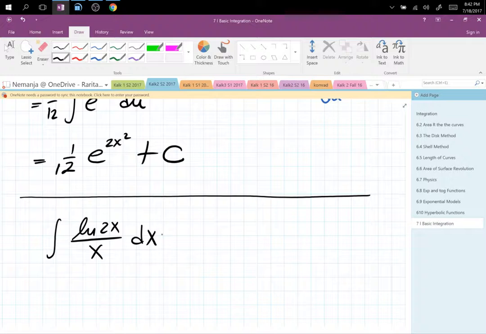Is it like 1 or 2x over x? It's 1, yeah, you can rewrite it as 1 over x times ln 2x dx.